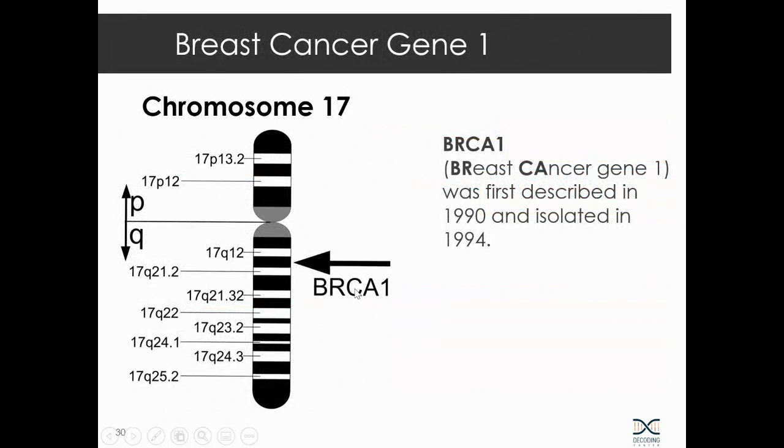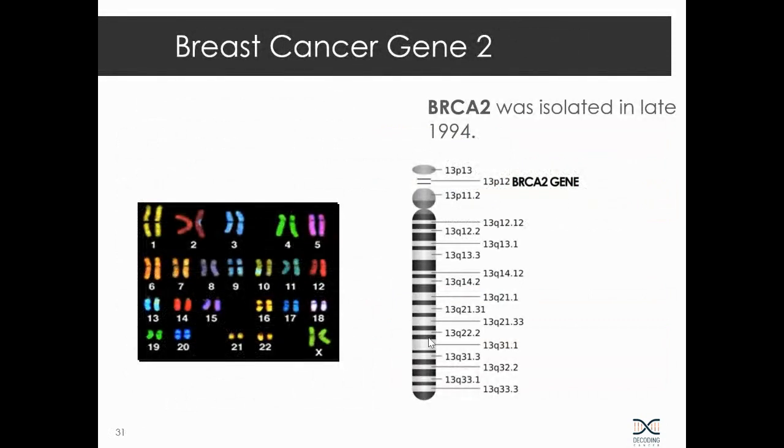Another thing we're going to talk about is this idea of a breast cancer gene. I'm sure you've heard of BRCA1 and BRCA2. It comes from BRCA, the BR from breast and then CA from cancer. It was first described in 1990, but wasn't isolated until 1994. BRCA2 was isolated in late 1994, so it was the same year.